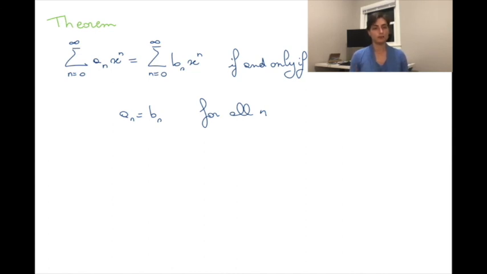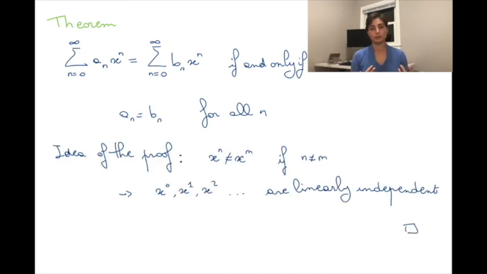There is an important theorem in here that two power series are equal if and only if each of their coefficients is the same. The idea of the proof is that x to the power n is different than x to the power m if n is different than m.